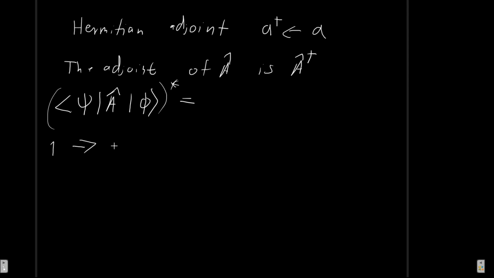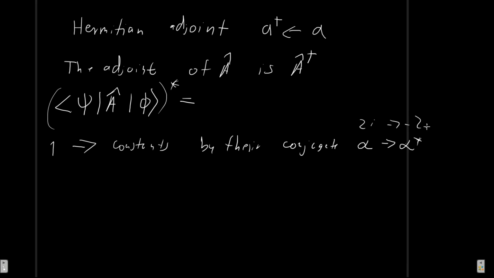First of all, we need to replace constants by their conjugate. So if we have some alpha, we now need to have its conjugate. If we had, for example, 2i, now we need to have minus 2i. That part is simple, and that is probably not new. The second step is to replace kets with their respective bras, and also replace the bras with their kets.